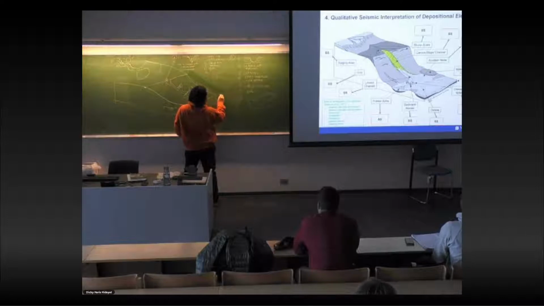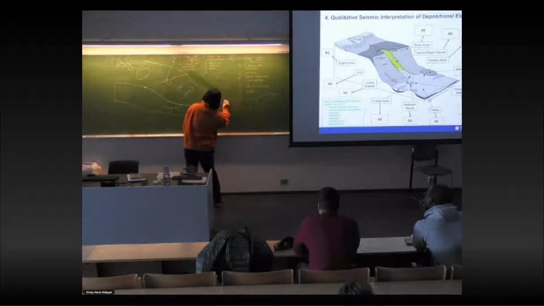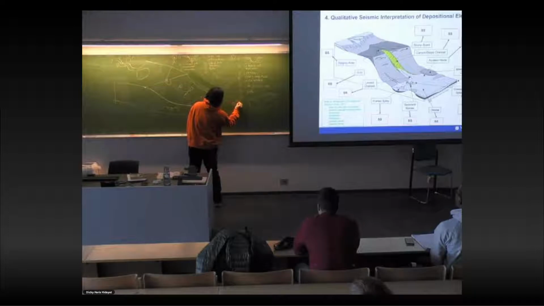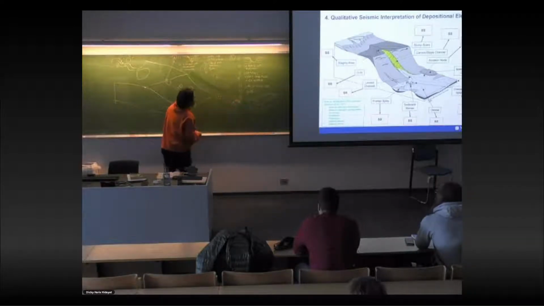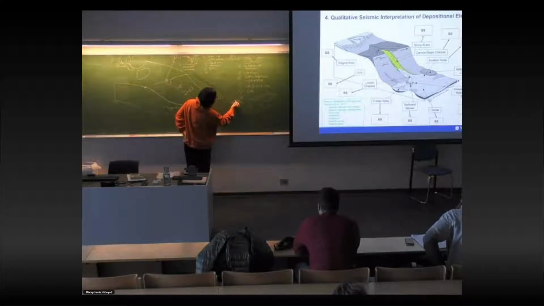So C, something like this. So this is the reflection termination. You have something like this, like a sheet.